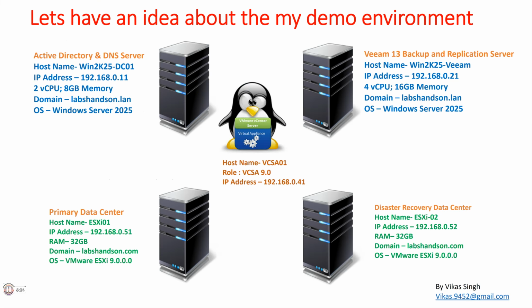Now this is my demo environment which we are using throughout this course. We have my Active Directory DNS server, our Veeam Backup and Replication server, one vCenter server, and two ESXi hosts, one in the primary data center and one in the secondary data center.